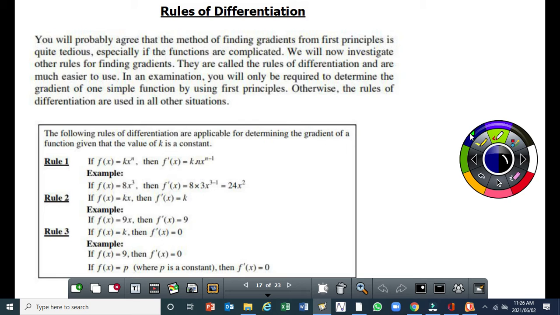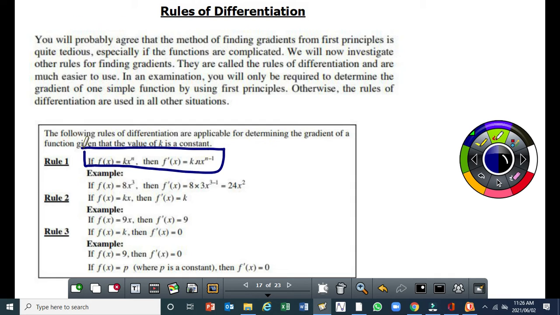Now, each textbook is very different, and authors write the rules based on their understanding and their experiences. So the first rule of differentiation, this is the general rule.